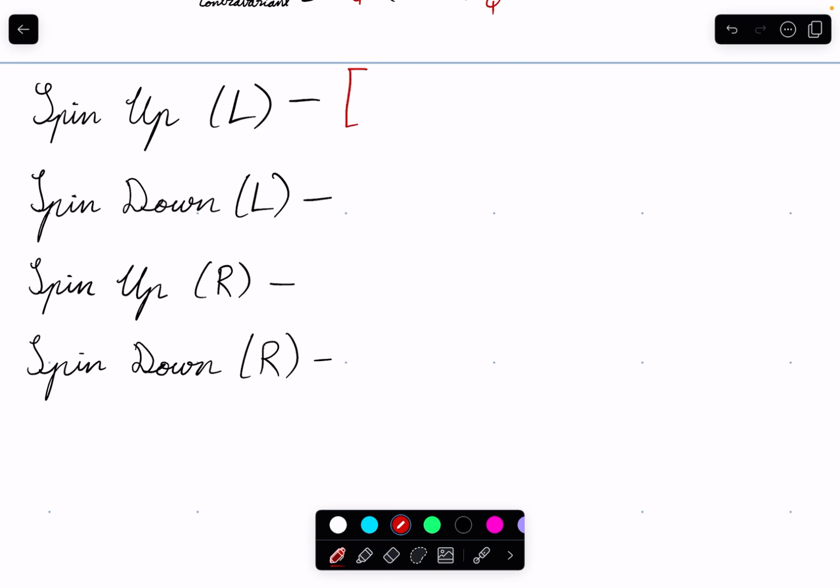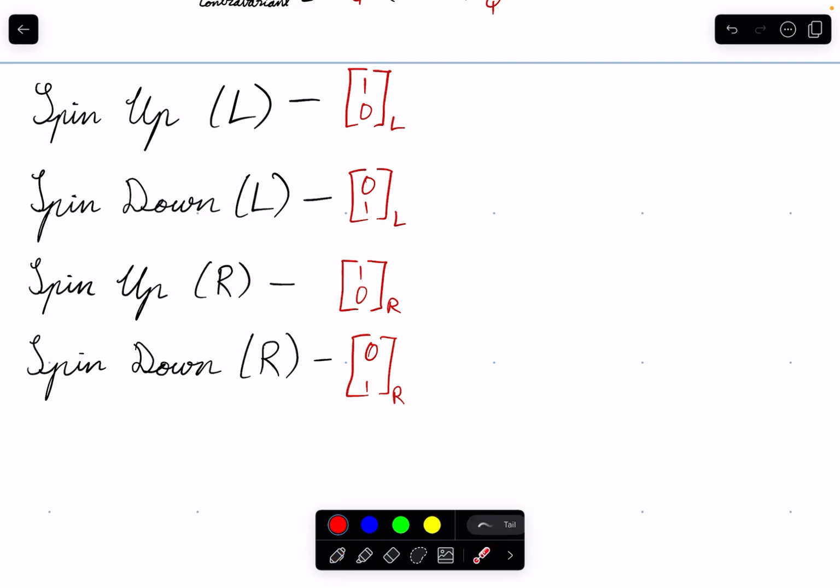These are typically written as column matrices, typically associated. So you have left, left, right, right. The top component in the left is spin up, the top component in the right is spin up, and the bottom components are both spin down in both left and right.